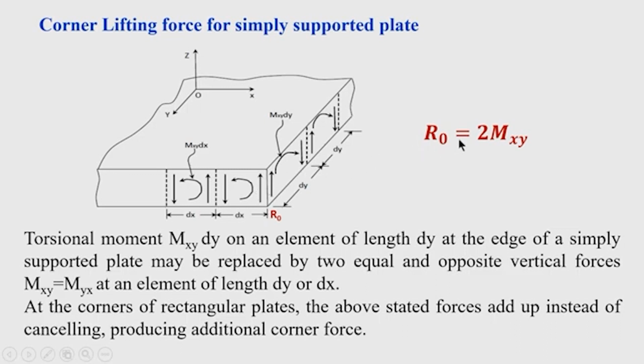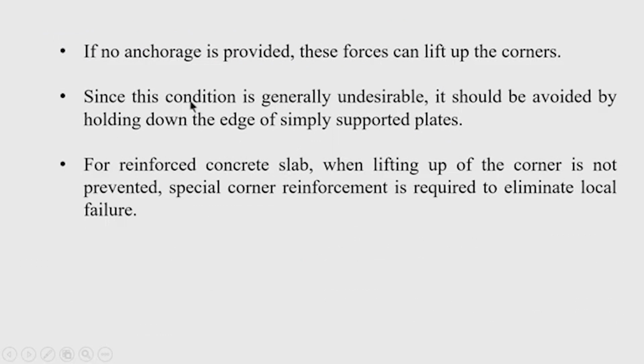So, R naught equal to 2 Mxy is the corner reaction. This happens in the case of a simply supported plate. If no anchorage is provided, these forces can lift up the corners. Since this condition is generally undesirable, it should be avoided by holding down the edges of a simply supported plate.